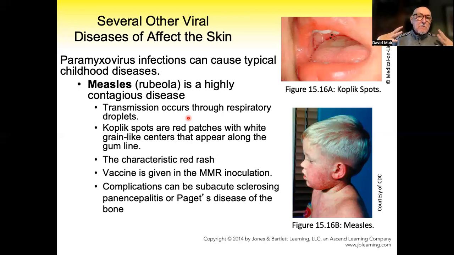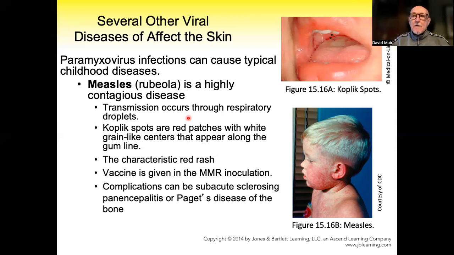And there can be so many of them, they become confluent and form this rosy red rash.